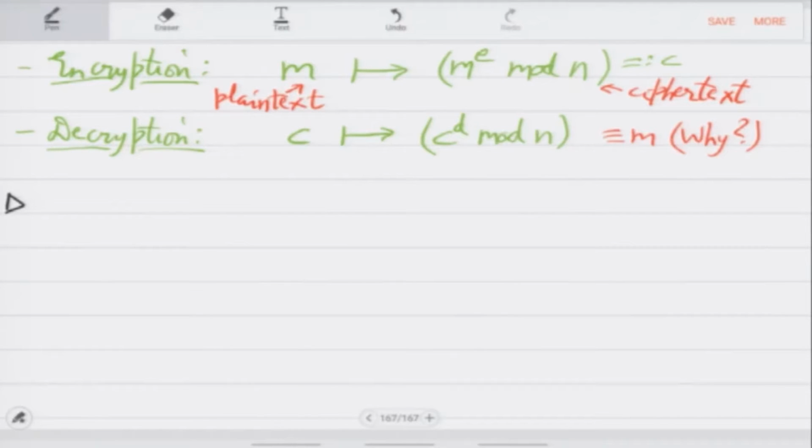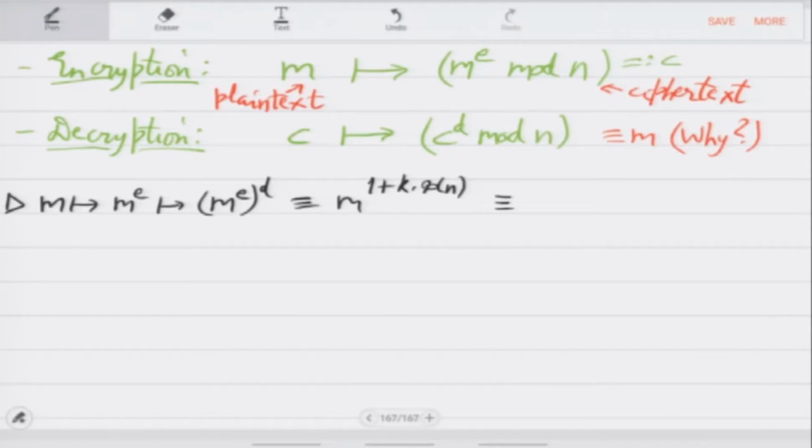M goes to M to the E, which goes to M to the ED. What is ED? Remember, D is E inverse mod phi n. So this is 1 plus k times phi n for some integer k. What is M to the phi n mod n?